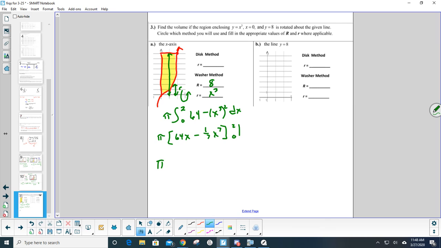So I've got pi, and then 64 times 2 is 128, minus 2 to the 7th over 7, which is 128 over 7. And then if I want to get a common denominator, I'm going to have 896 minus 128. I end up with 768 pi over 7.